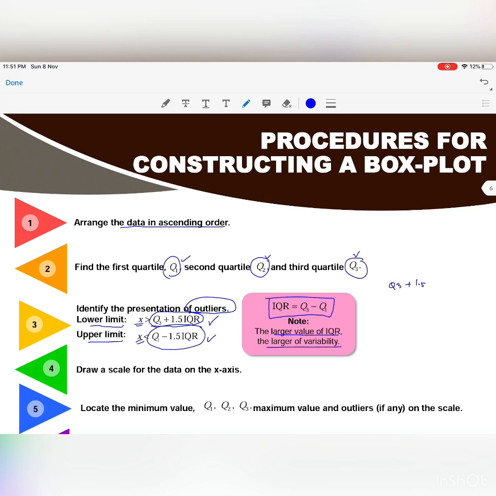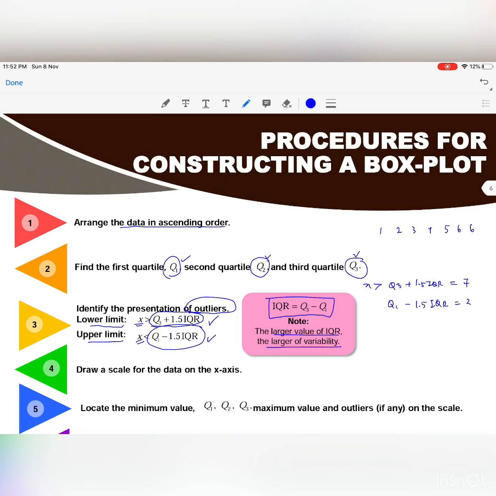For example, say Q3 plus 1.5 IQR equals 7, and Q1 minus 1.5 IQR equals 2. So you have this data: 1, 2, 3, 4, 5, 6, and this data is already arranged in order.